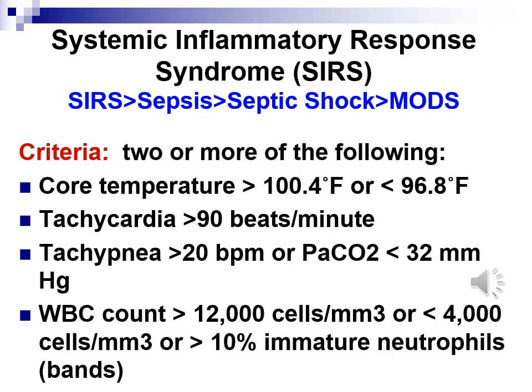If they do, the client can be classified as having systemic inflammatory response syndrome, or SIRS. It can then travel on the continuum to a state of septic shock, and can ultimately result in MODS and death.